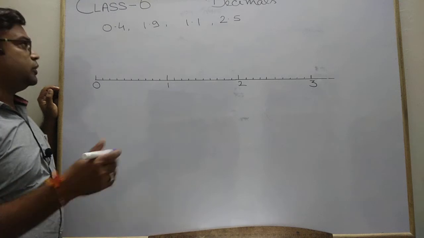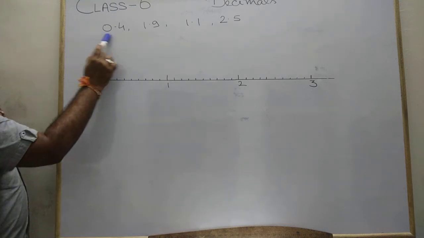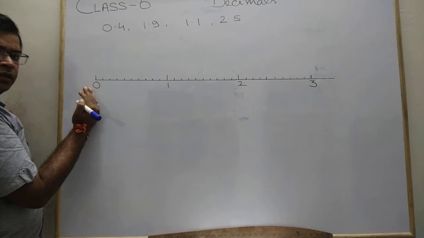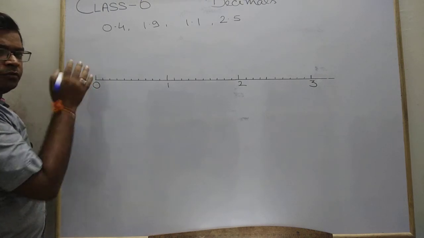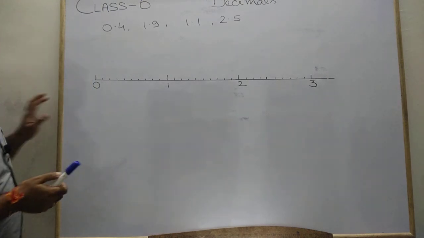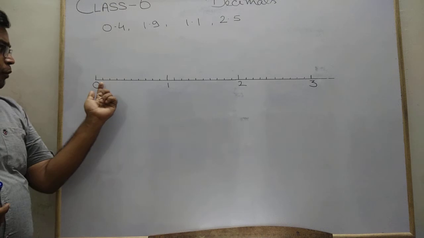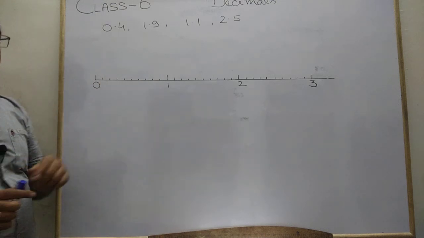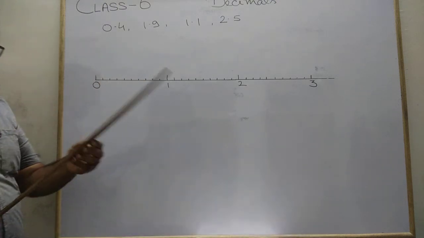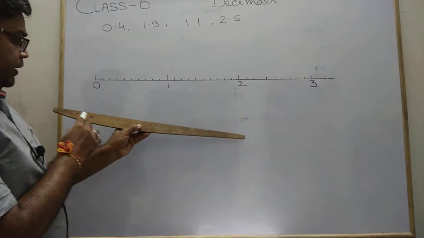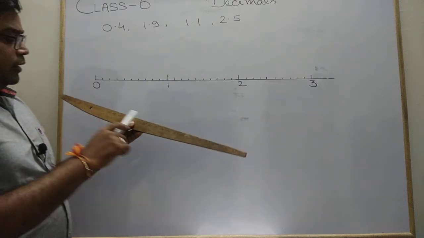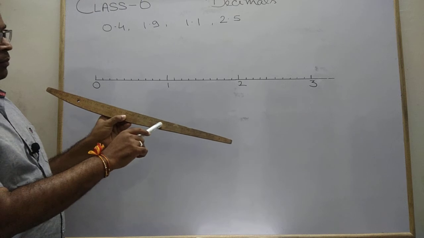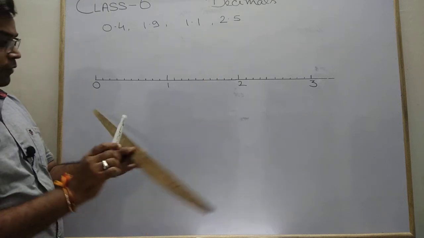All the numbers are greater than 0, so I shift 0 to the extreme left side of the page or board, and then we draw the number line, making a proper gap so that each gap is easily visible. I use this scale, a part of a scale, a very old scale, to draw the numbers very carefully.